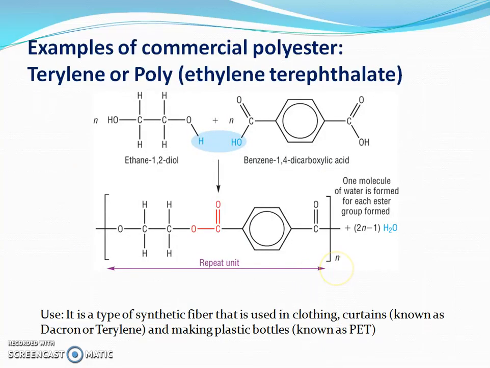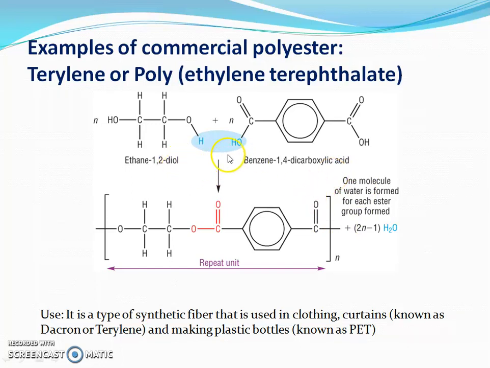Now here is one example of a commercial polyester, that is the terylene or polyethylene terephthalate. Now the monomers that have been used here are ethane 1,2-diol and benzene 1,4-dicarboxylic acid.